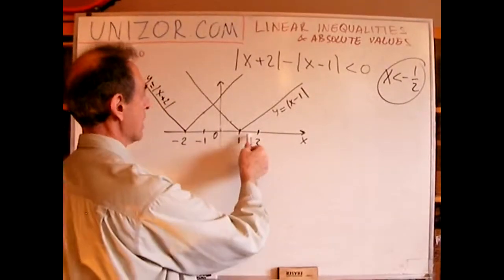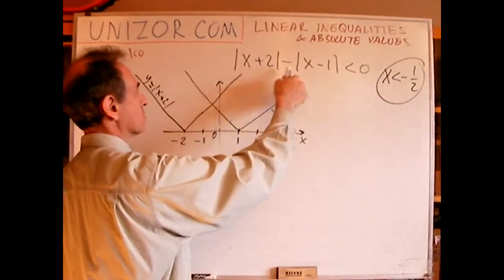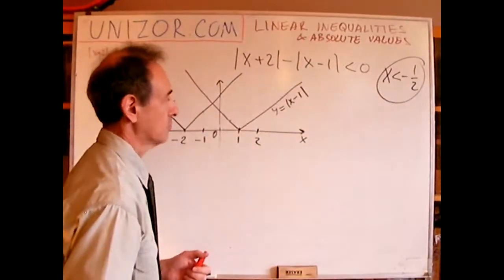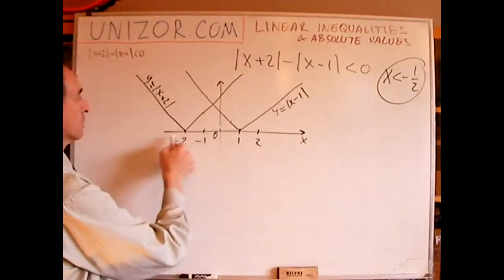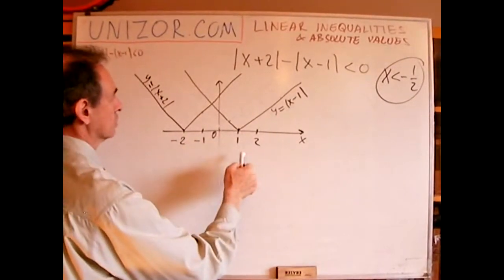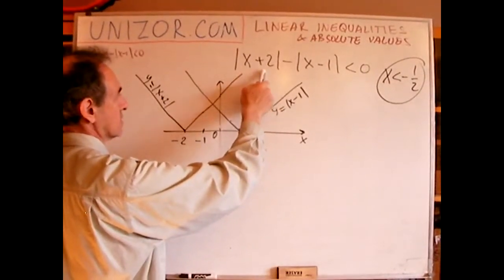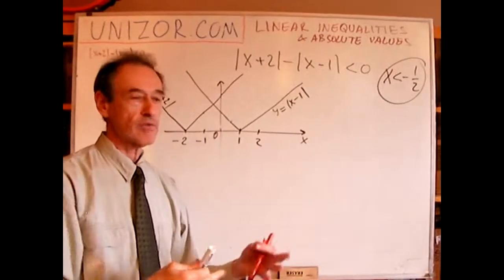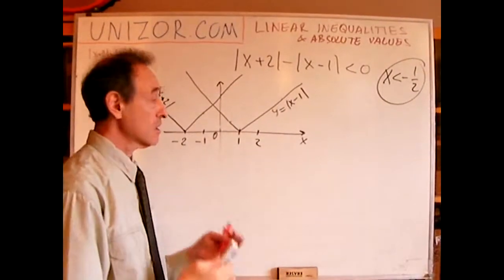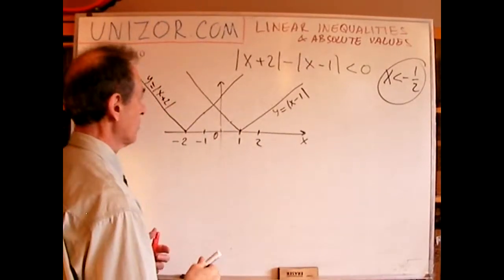Because I can always say that above 1, it's x plus 2 minus x minus 1, so I can drop the absolute value. And in between, from minus 2 to 1, I can drop the absolute value of this one, just leave it as it is, and change the sign of this. But it's still a linear function. So everywhere it's linear functions. So let's find exactly the key points, and then we will think about it.